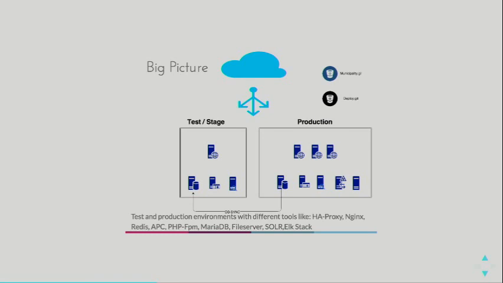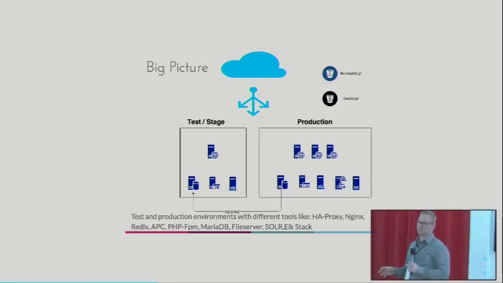There are load balancers, test environment, production environment. Normally there is a 3-step environment for development, testing, and production. We have just 2. The local environment is for development, and we are using almost the same systems in local development.